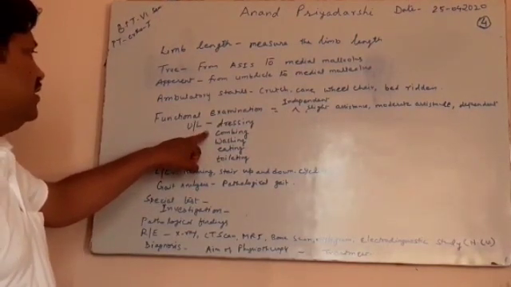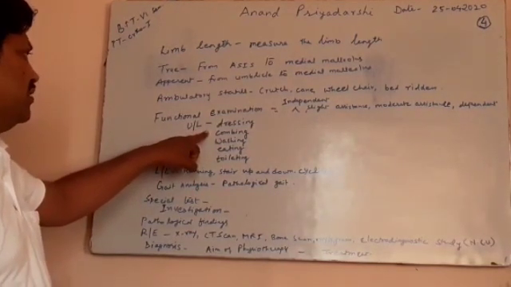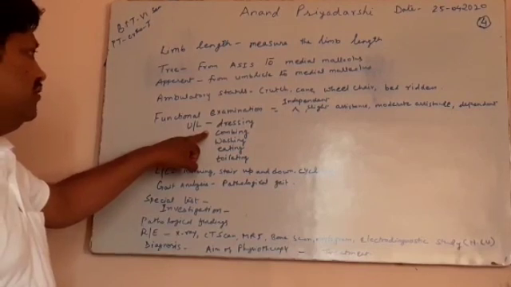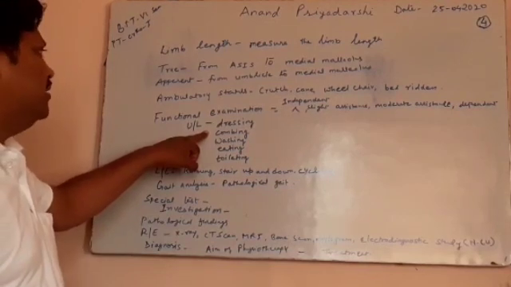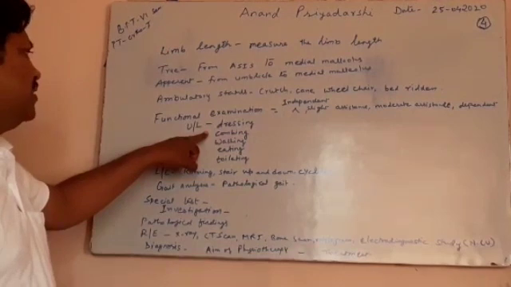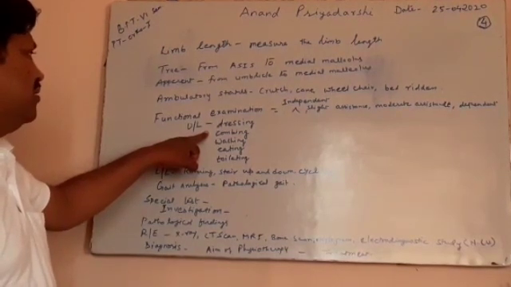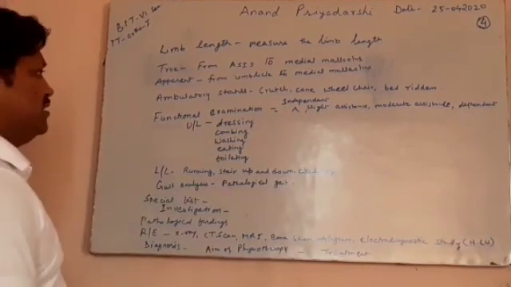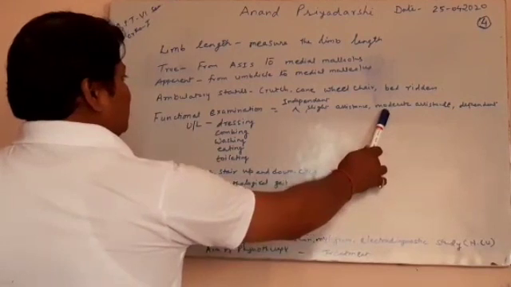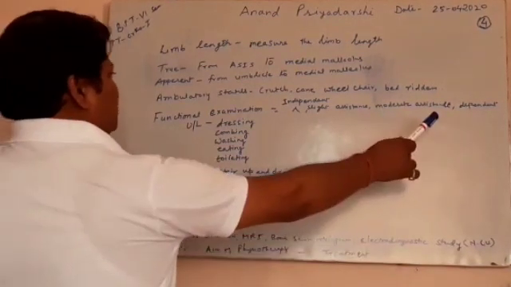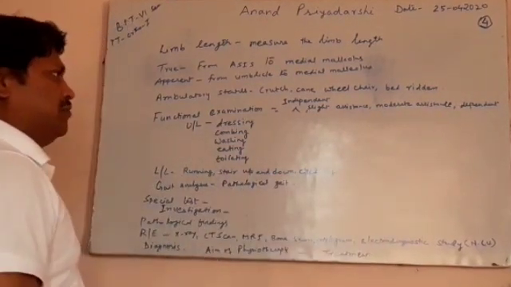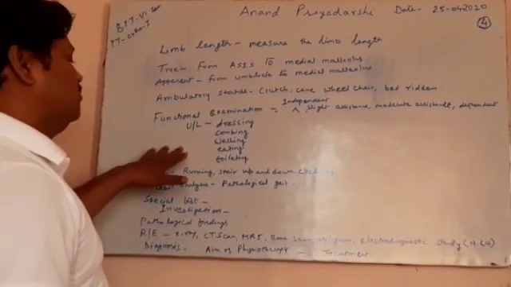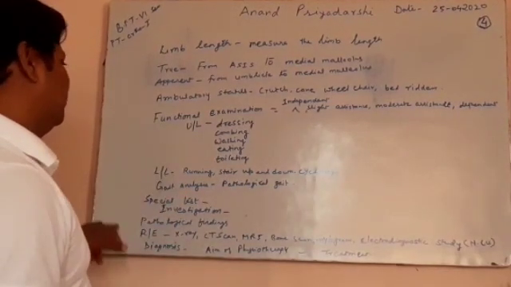These activities are assessed and should be mentioned whether the patient is independent, or slight assistance is needed to do the activity, or moderate assistance is necessary to do the movement, or the patient is fully dependent, means he cannot do that activity at all.